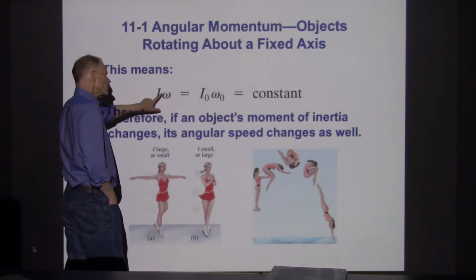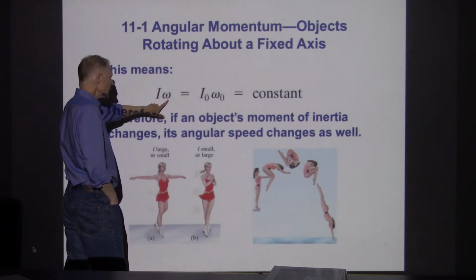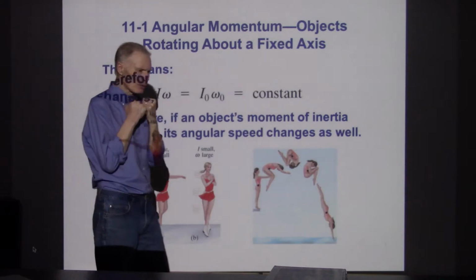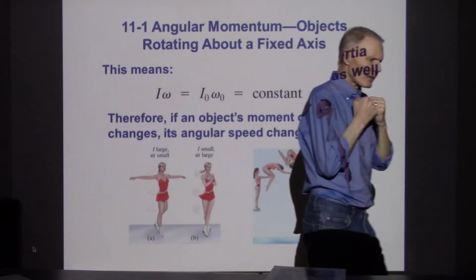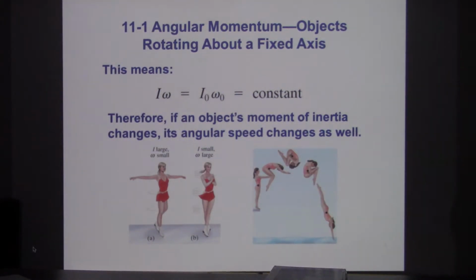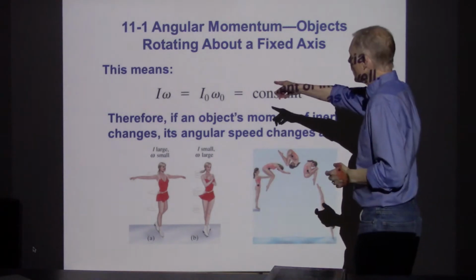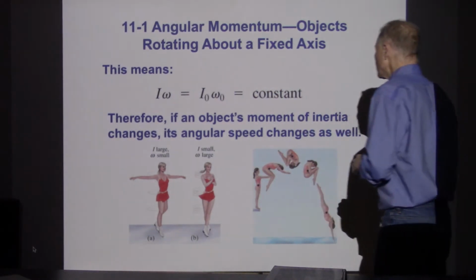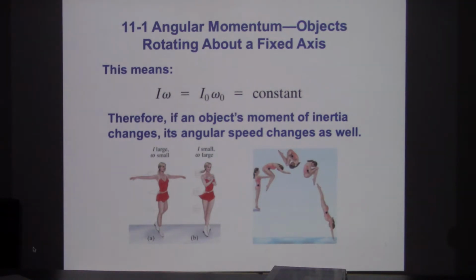Well, if you can make the I naught smaller, that means that the omega will increase. And so that's what happens when the skater brings their arms in. They've reduced the rotational inertia, and since angular momentum is conserved, this product of I times omega remains constant, so they spin much faster. Same thing with the diver here.